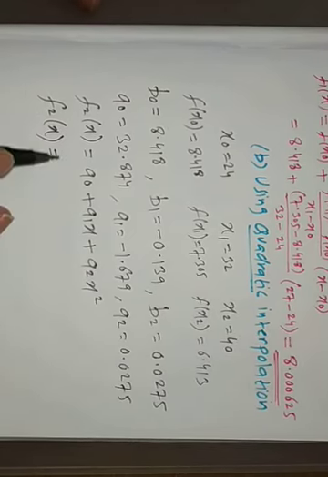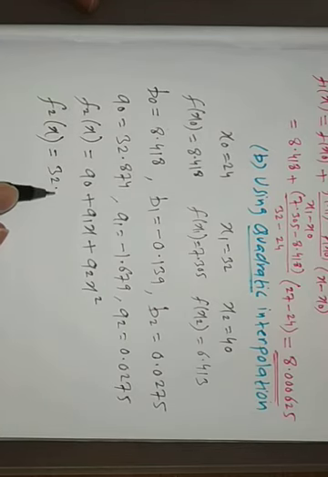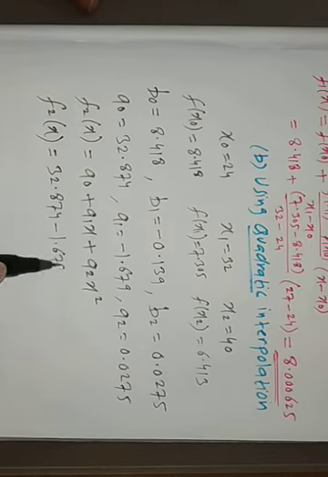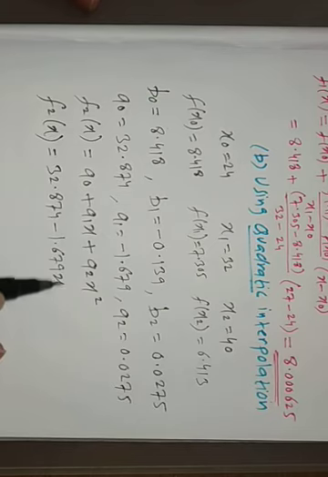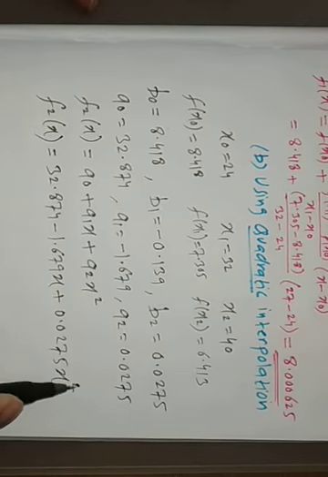So it is equal to 32.874 minus 1.679x, then plus 0.0275x square.